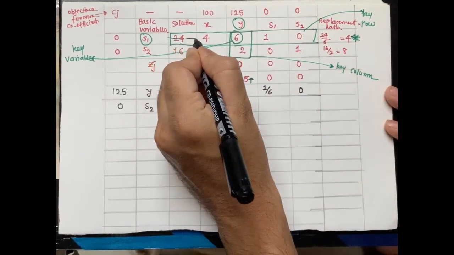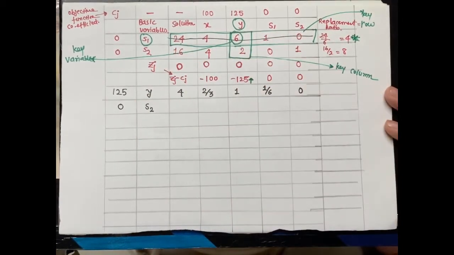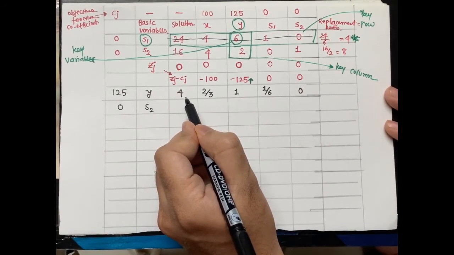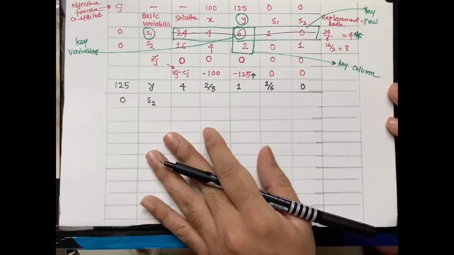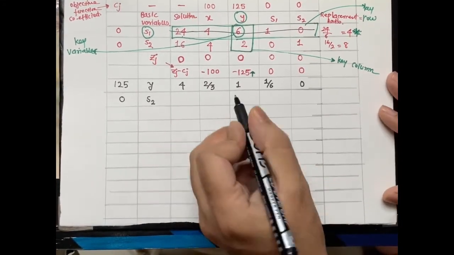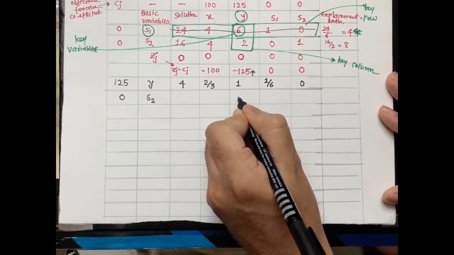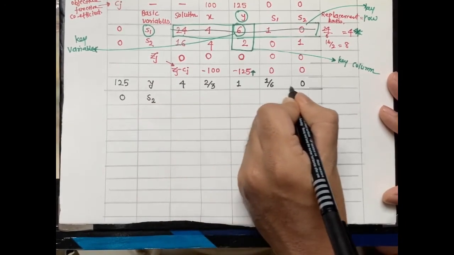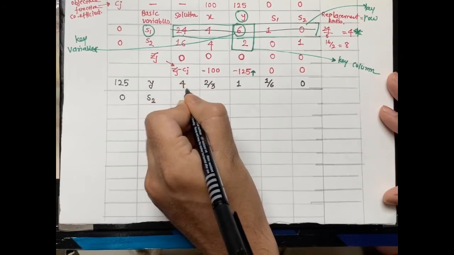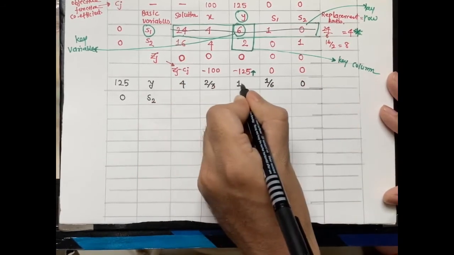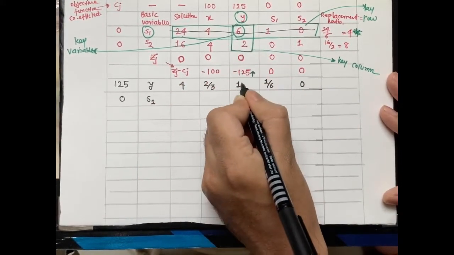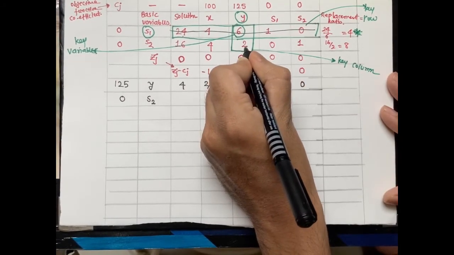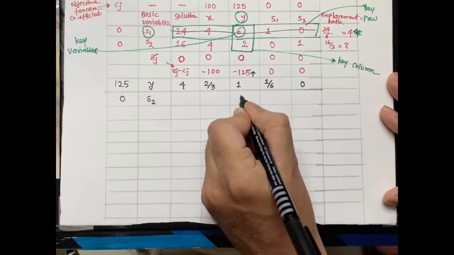This row is cancelled out. If I multiply this row by 2, and then subtract that value from this particular row, I can get a 0 here.